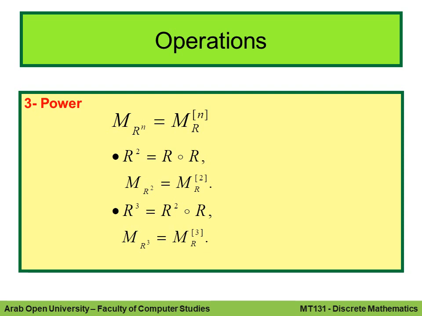For example, R squared is just the composition of R with itself, so the matrix for R squared is the second Boolean power of the matrix for R. R cubed is just the composition of R squared with R, but the matrix for R cubed is just the third Boolean power of the matrix for R.